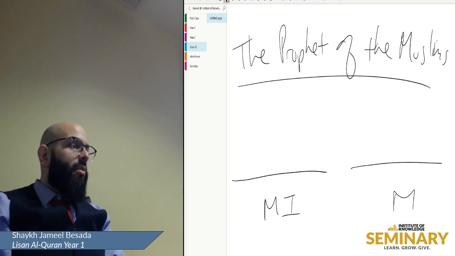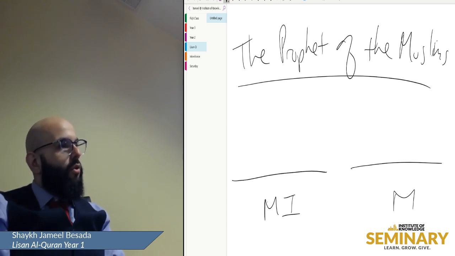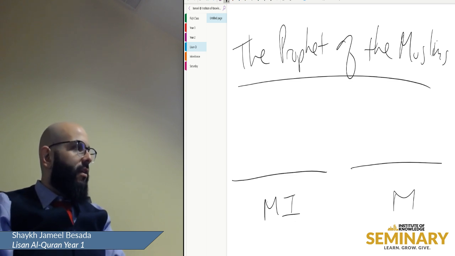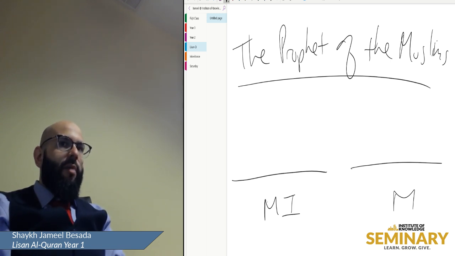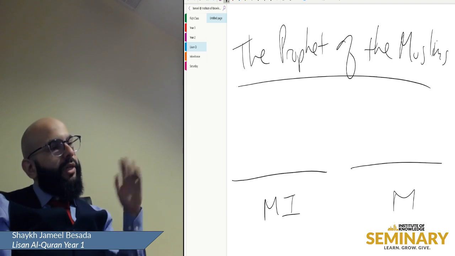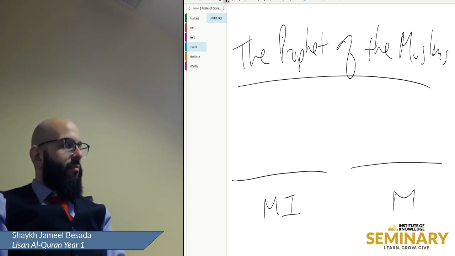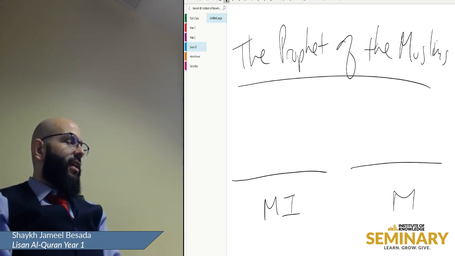Does the prophet belong to the Muslims, or do the Muslims belong to the prophet? That's the first thing you need to figure out. And then the owner, quote unquote, will be in the mudaf ilay position. This one's going to be a little bit trickier, but you should be fine, as long as you haven't forgotten anything that you've studied in the past.